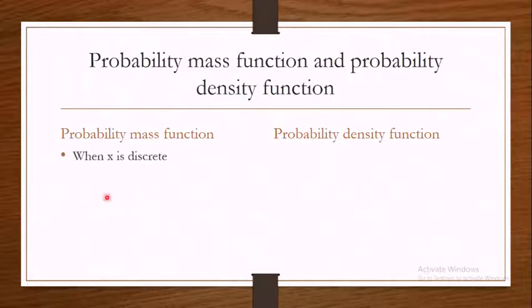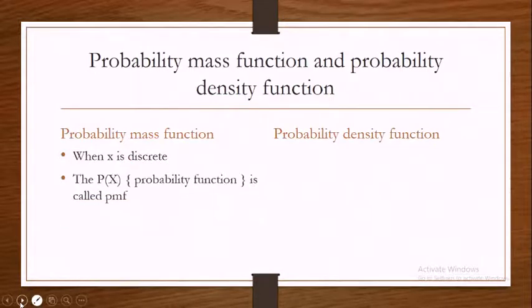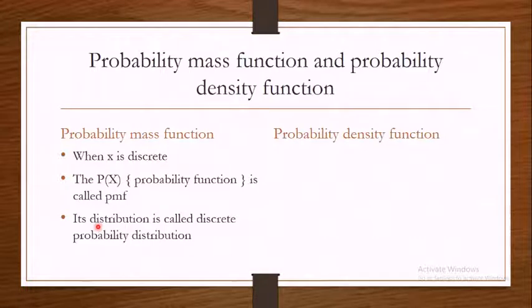When x is discrete, we connect p of x, the probability function, with the probability mass function. So when x is discrete, we call p of x the probability mass function, or in some places you might have seen PMF also. The corresponding distribution is called a discrete probability distribution.